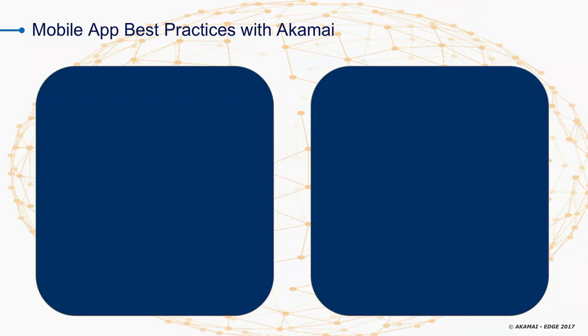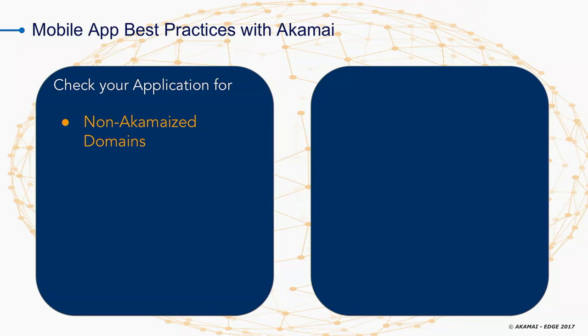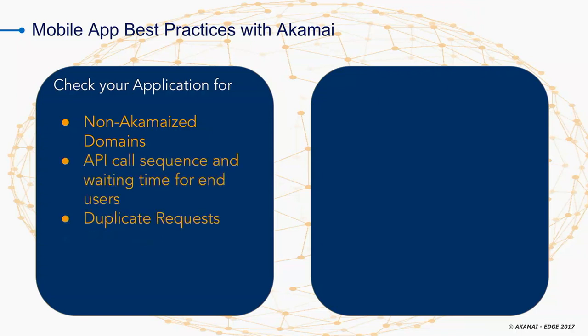Finally, we leave you with some best practices. The things that you need to check your application for are the following. The simplest one is if you have any non-Akamized domains for performance, that's the easiest thing to do, is to Akamize them. And the other one that we see very often is critical versus non-critical APIs.